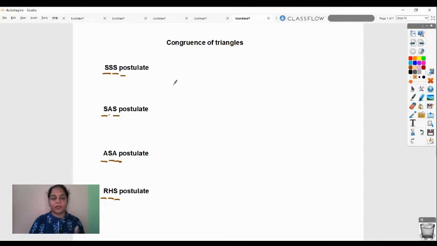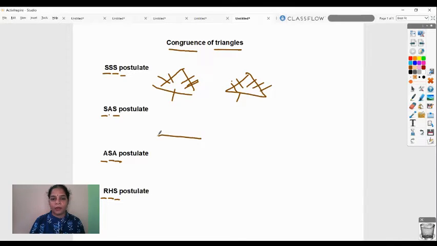I'm not going to explain all these things because there are textbooks and teachers who explain them to you. I would just like to mention that for congruence of triangles, at least one of the criteria has to be met. It can be three sides of a triangle equal to three sides of another triangle, or it could be one side, one angle and another side.